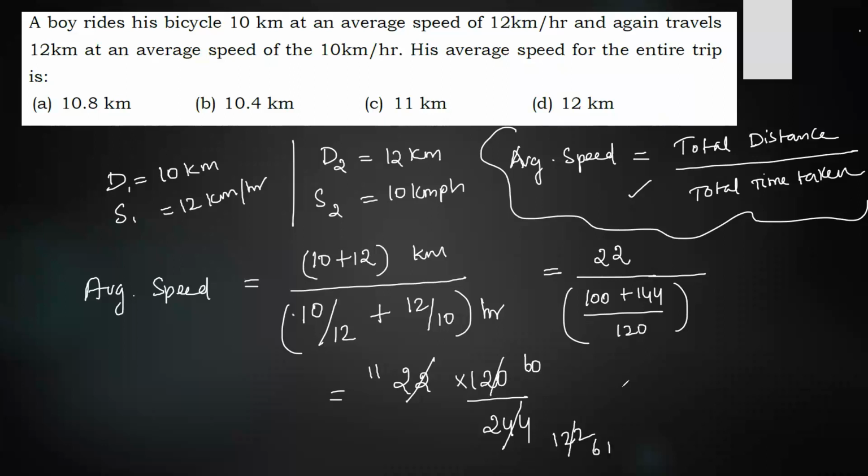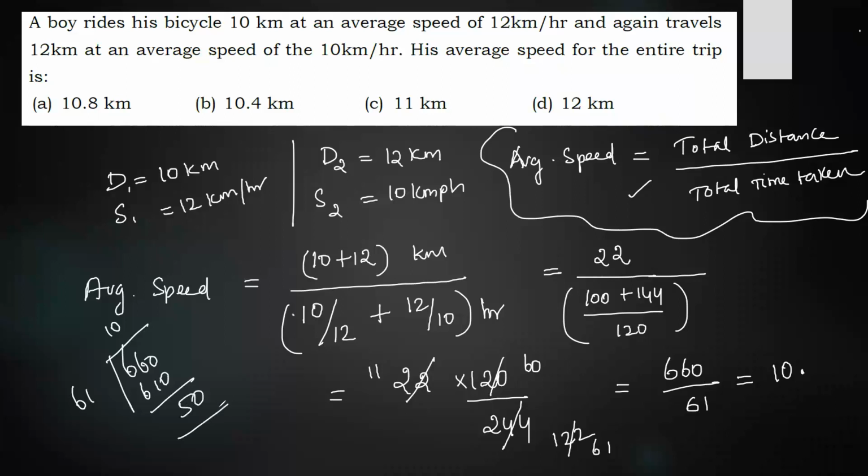Here 61. So 660 by 61 is approximately 10 point something, right? 10 times you will get 610. Is it clear? So definitely 10 point something. We have more options, but it is nearer to 660. We'll divide, it's not an issue. 660 divided by 61. 10 times I will get 610.